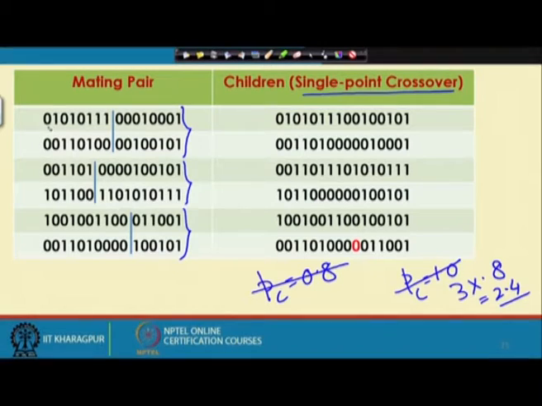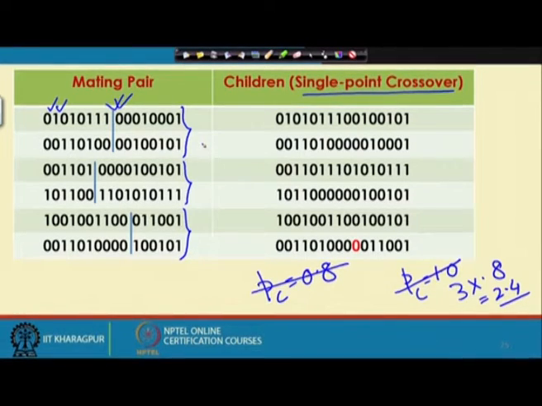Now, here I have got 7 plus 9, there are 16 bits in a particular GA string. So, I have got 15 places for this particular crossover site selection, and this crossover site selection is also done at random using the random number generator.